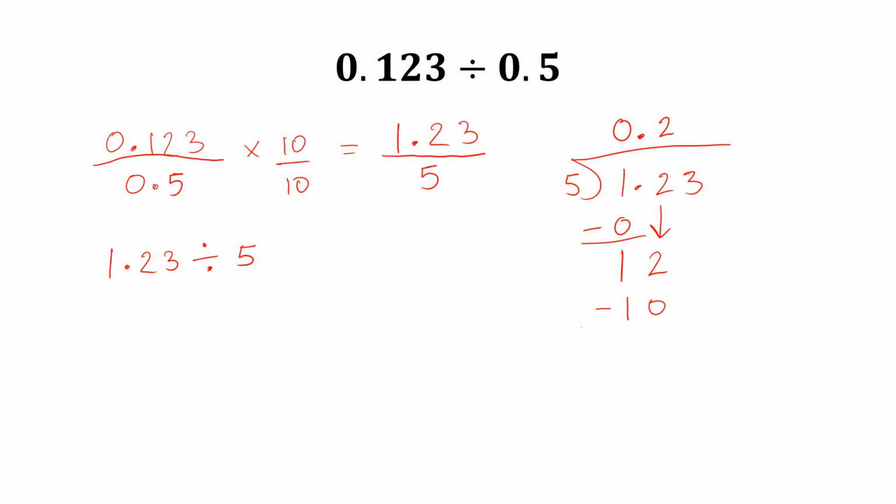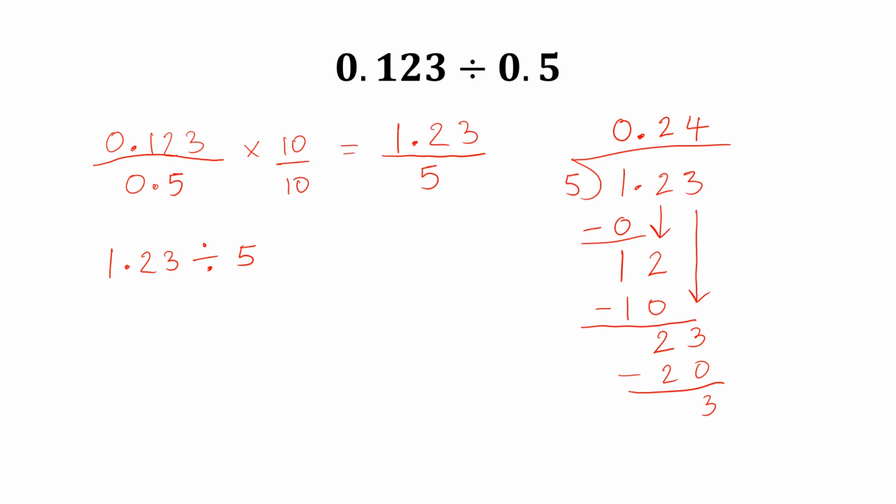And then we subtract, and we are left with 2. Afterwards, we bring down the 3. So it's 5 into 23, that goes 4 times. And then 5 times 4, that would be 20. Then 20 from 23, that will leave us with 3.